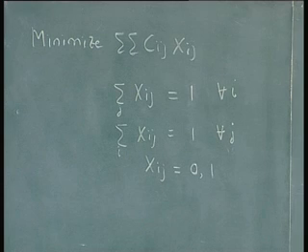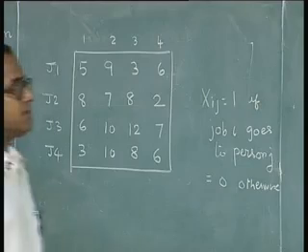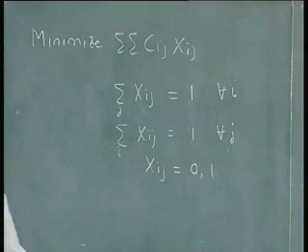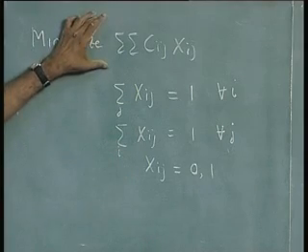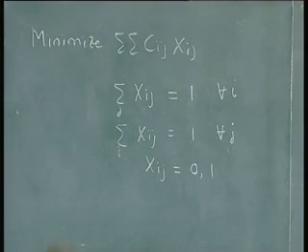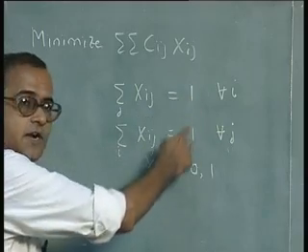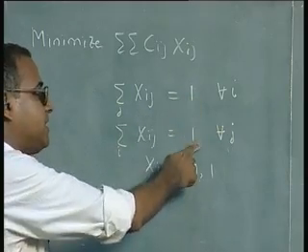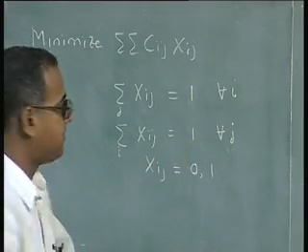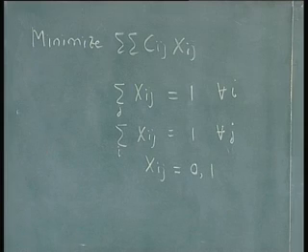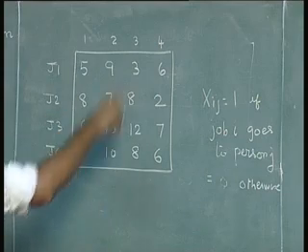Now the first aspect of this is, this problem looks like a transportation problem. The objective function is similar, the constraints are similar, except that I have different numbers here. I had an ai and a bj for a transportation problem. Remember, the assignment problem is normally a square matrix.